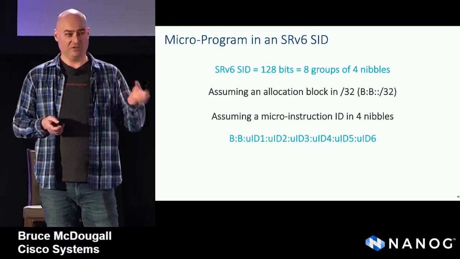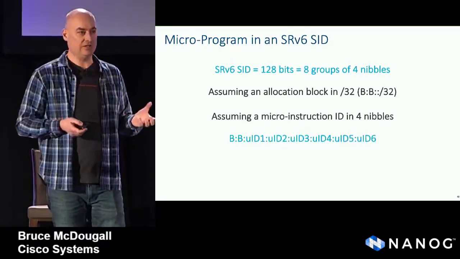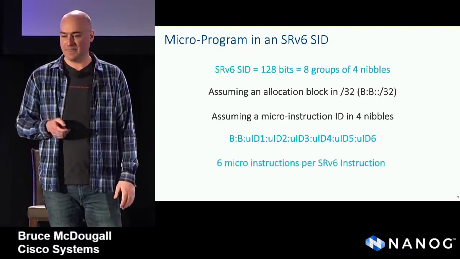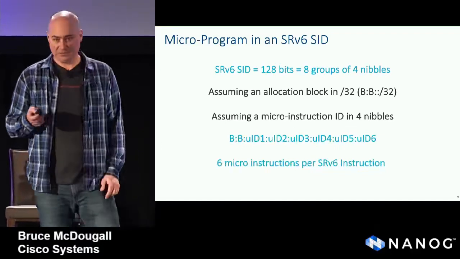Then we have 6 chunks of 16 bits that follow, that each can execute an SRv6 microprogram. So 6 micro instructions per SRv6 instruction is what this means.